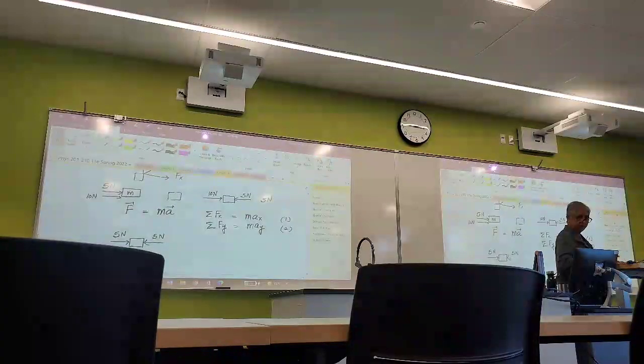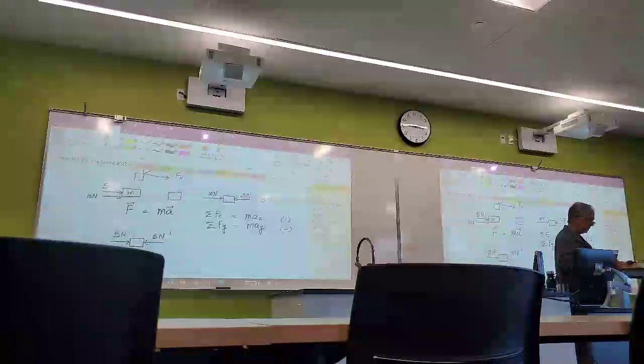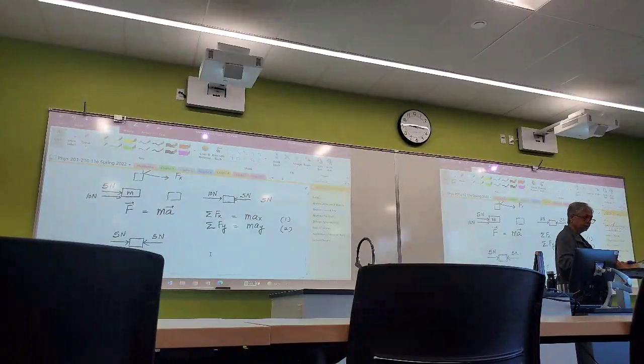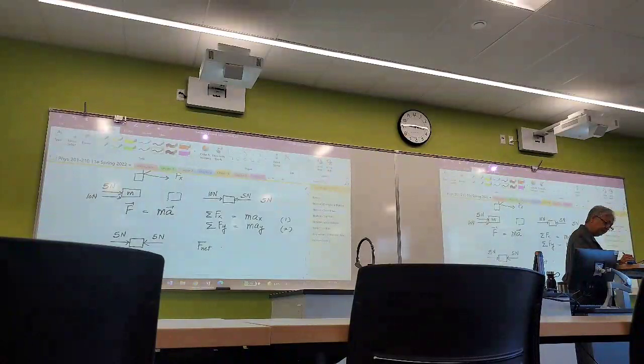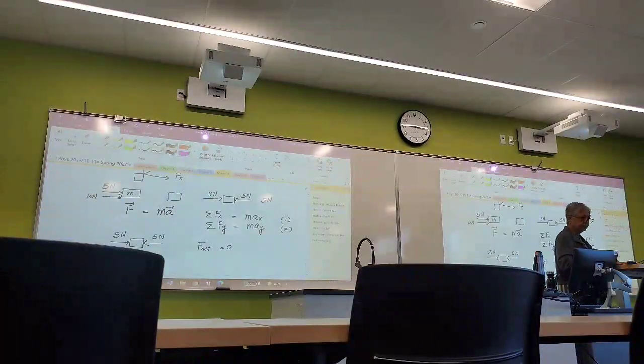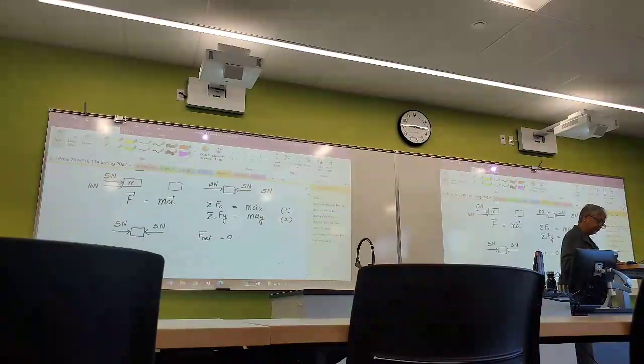Correct? There are forces present, right? Will it cause acceleration? No. Because force is a vector and the net force is equal to 0. So in this case, if the net force is 0, what is the acceleration? 0.